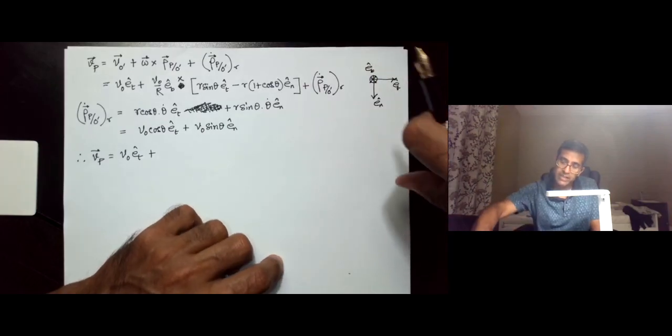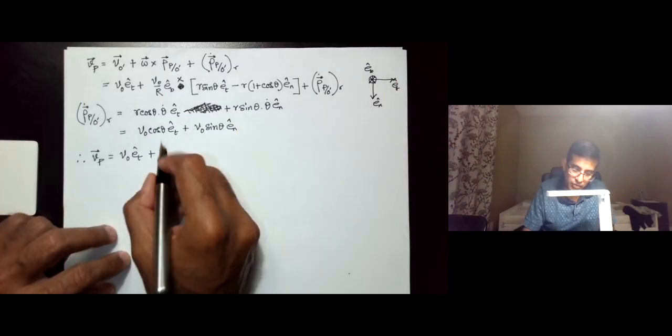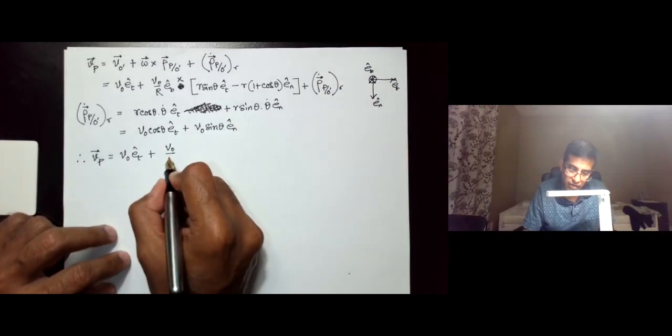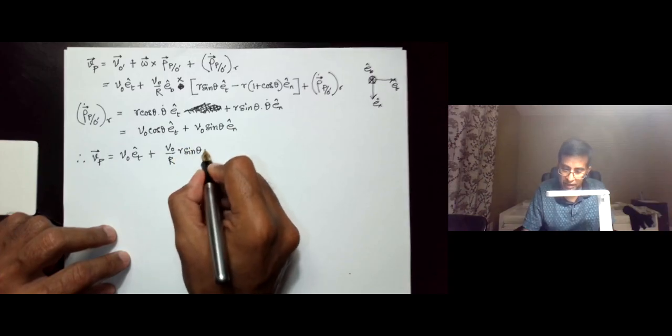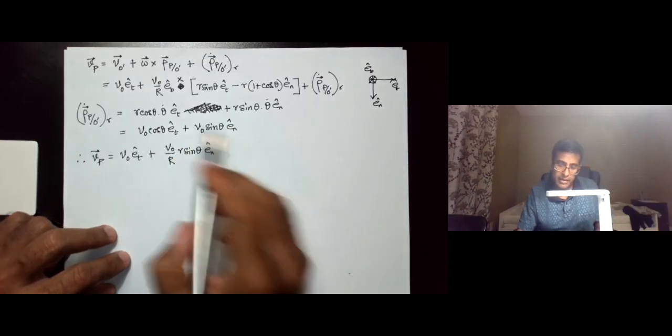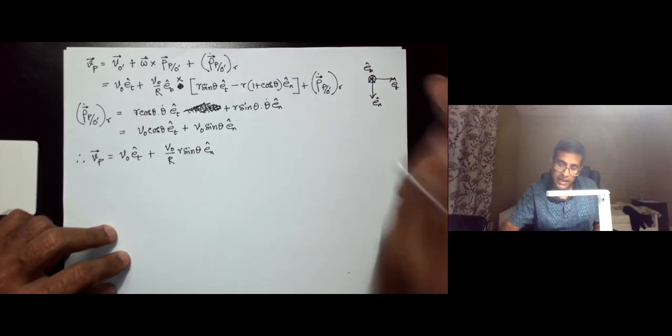So EB cross ET is EN. So we have V0 over capital R times small r sine theta EN, and EB cross EN is negative ET.